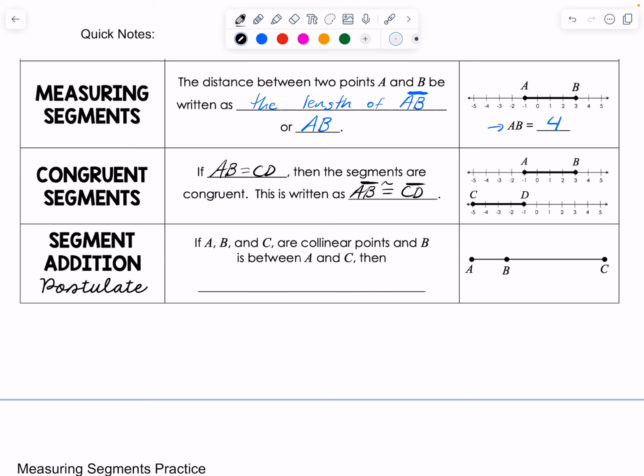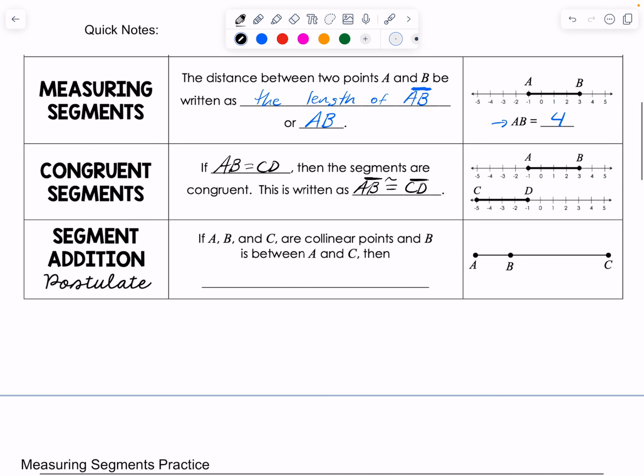And finally, something you probably already knew, but we'll formalize it here: if A, B, and C are collinear points, so they're on the same line, and point B is between points A and C, then the length of segment AB plus the length of segment BC is equal to the length of segment AC.